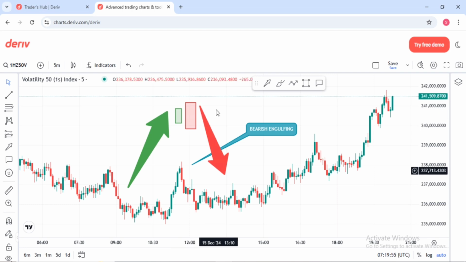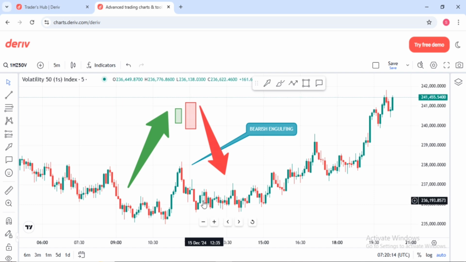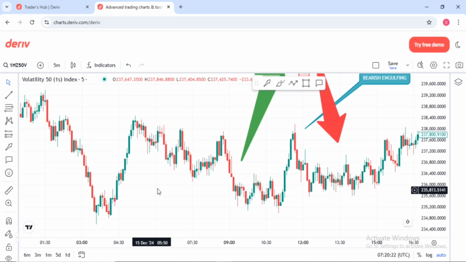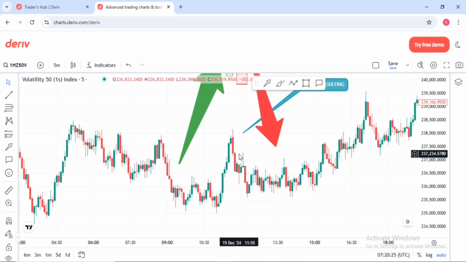Then along this downtrend, this bearish engulfing can form to signify the continuation of that trend. So it can also happen along a trend, but majorly it forms to show that there is a reversal in the market. So this is a bearish engulfing.